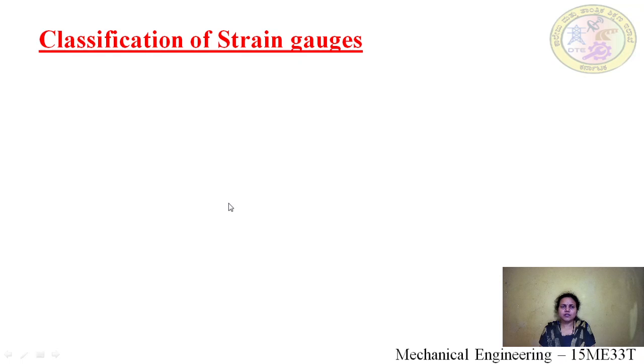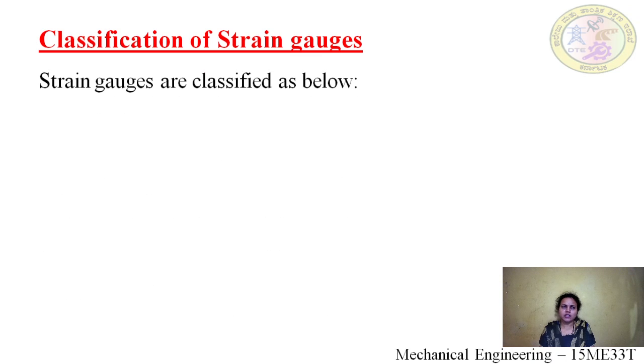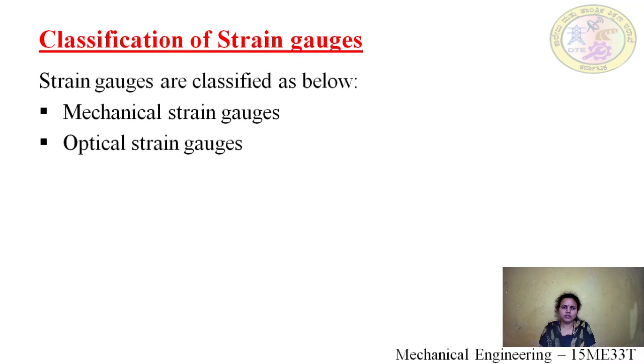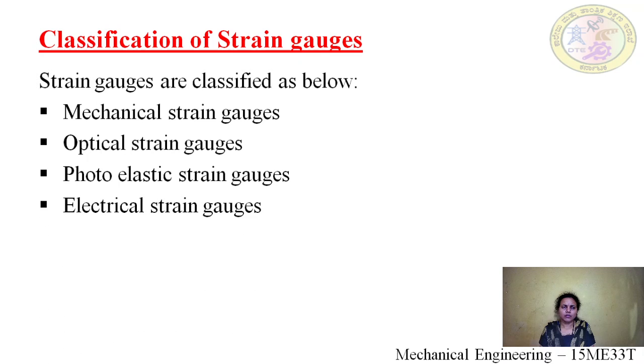Next we shall classify the strain gauges. Strain gauges are classified as follows. Number one, mechanical strain gauges. Next, optical strain gauges. Third, photoelastic strain gauges. Fourth, electrical strain gauges.